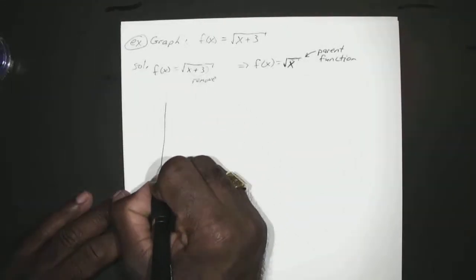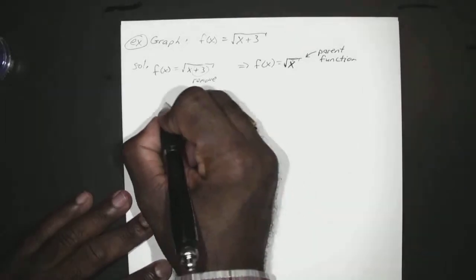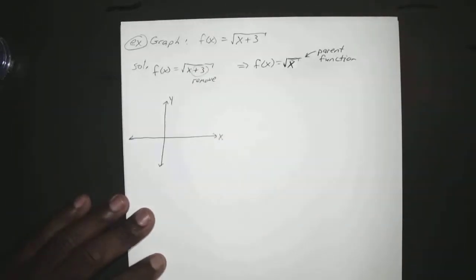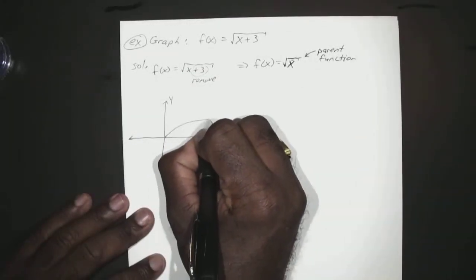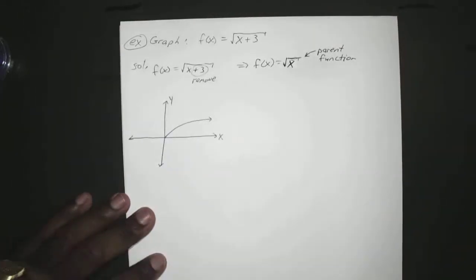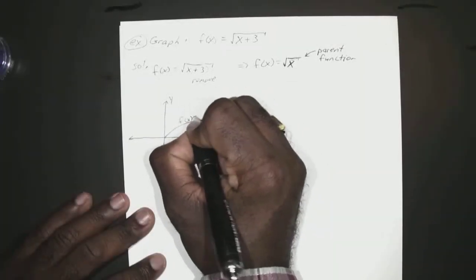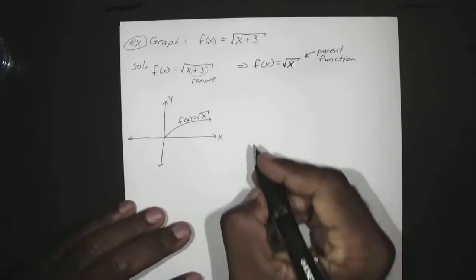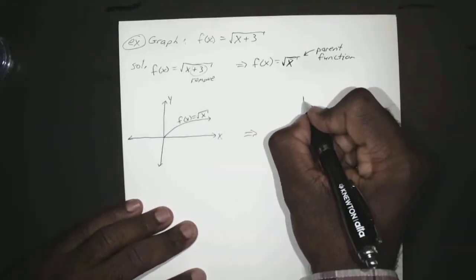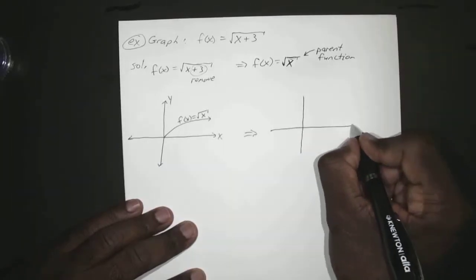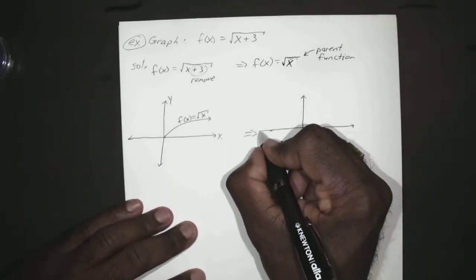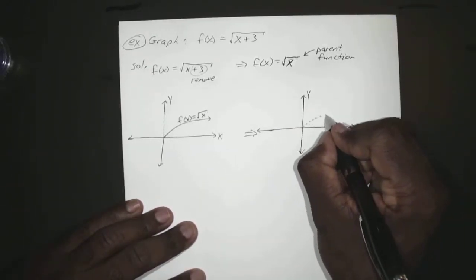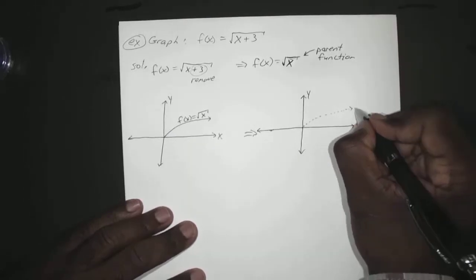Okay, so we get our graph. And we have our x and we have our y. And we know that our f of x equals square root of x looks something like that. So we have our x and we have our y, and we have our outline of where our parent function was.